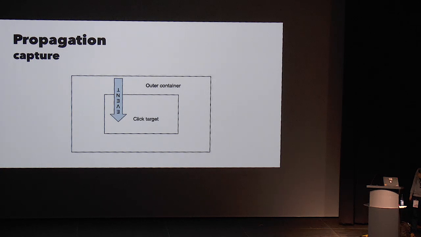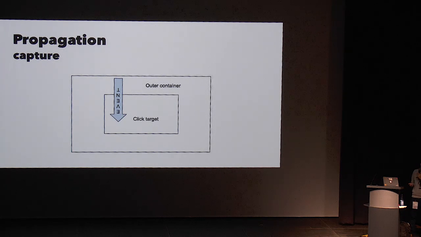That even allows outer containers to cancel the event before it even arrives at the click target. And you might now ask yourself, why are two in place? I guess it's just for historical reasons. There were two teams that came up with different solutions for the same problem, and now we have both, basically. But we have settled on bubbling as the default.